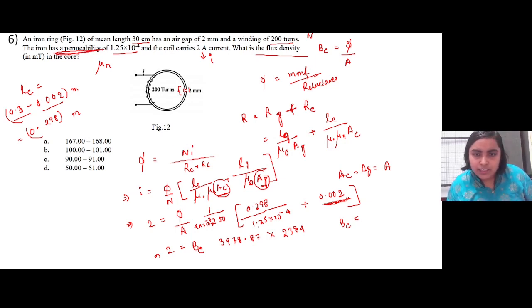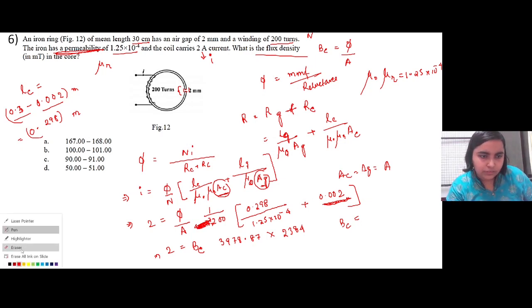So mu naught into mu r is equal to 1.25 into 10 to the power minus 4, right? So we cannot write it here like this. Did you get it? The relative permeability is not given; the permeability of the iron core is given. So this is a wrong thing to write, and we'll just correct it.